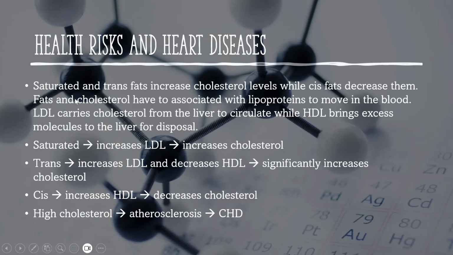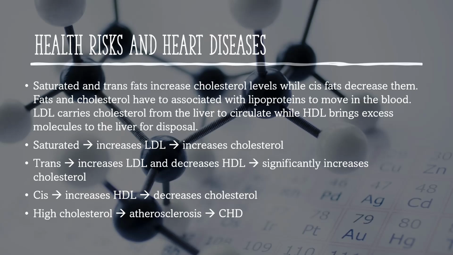These fats and cholesterols have to be associated with lipoproteins in the blood. Low-density lipoproteins carry cholesterol from the liver and circulate it in the blood, while high-density lipoproteins bring excess fats to the liver for disposal. So you want high HDLs and low LDLs.